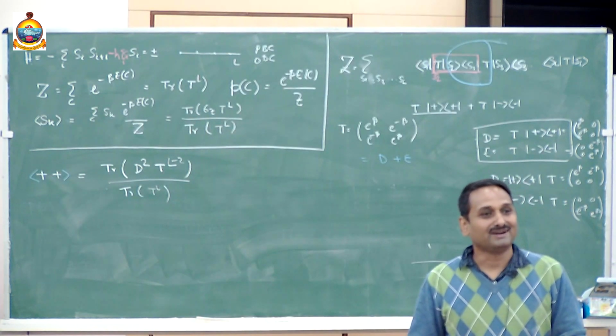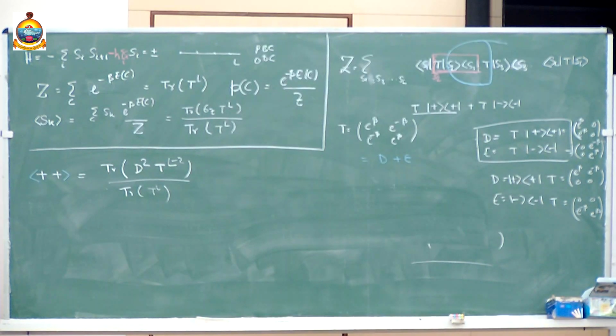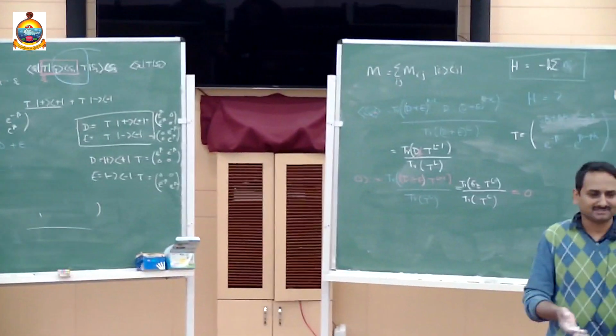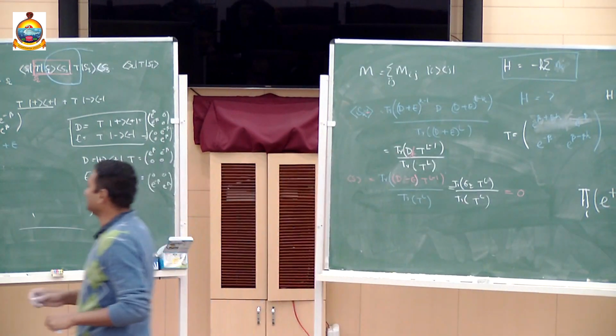If you know how to calculate in computers, try to calculate how often you see 3 consecutive spins in an Ising model of size 100 and temperature beta equal to, let us say, 0.1. 0.1 is high temperature, let us say beta equal to 1. You can calculate these numbers and compare what you get. This is a very nice exercise.